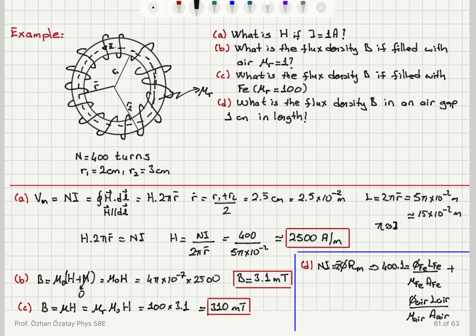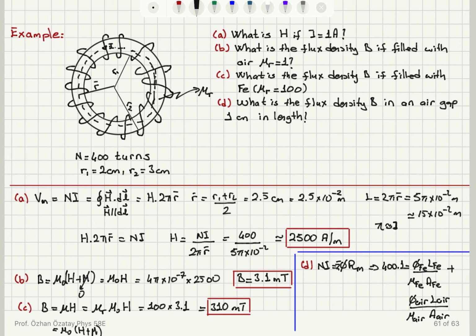If it's filled with air, if there is no material in the toroid, then B is equal to mu 0 H, and multiplying the H by mu 0, you would have a B of 3.1 millitesla. If you have iron, you have mu H, or mu 0 times H plus M, and mu is equal to mu R times mu 0, so B is 310 millitesla.